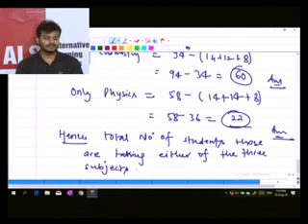What is that actually? Tell me. That is nothing but the union of all these three, right? So that would be how much?